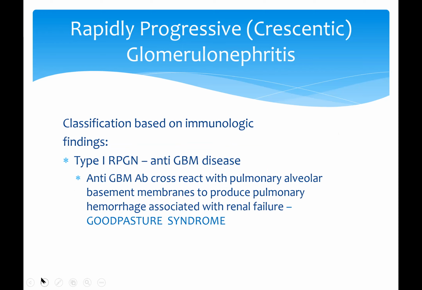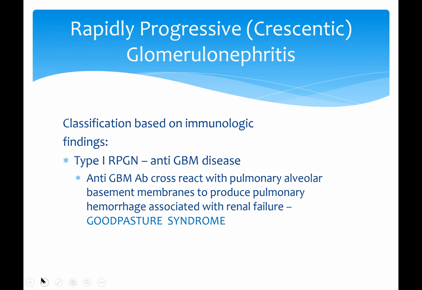There are many causes. It may be due to any of the following. The first one, as it is written here, is anti-GBM antibody-mediated disease. This is characterized by linear deposits of IgG and in many cases C3 in the GBM. So the anti-GBM antibodies cross-react with pulmonary alveolar basement membrane so that you are actually looking for lesions in two organs.